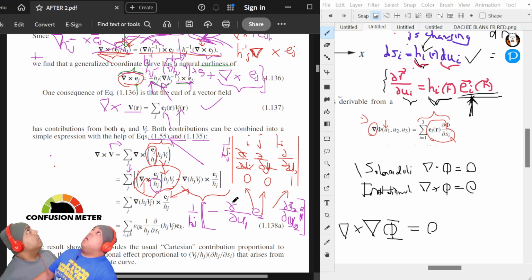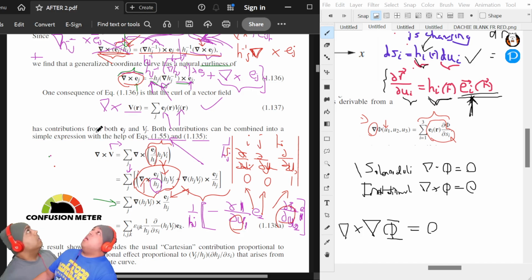And what I'm seeing here is we're taking the partial derivative of 1, which will just be 0. Yeah, so maybe 0, 0. We move on. We're left with this.